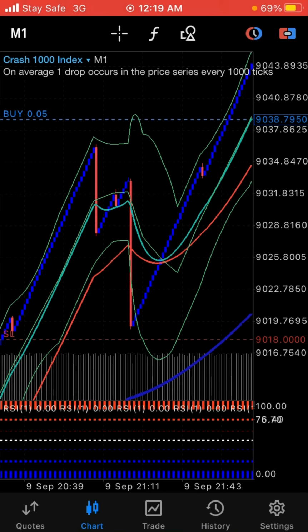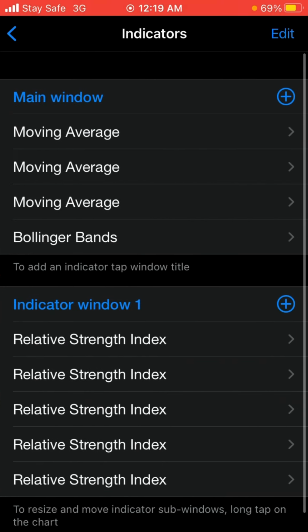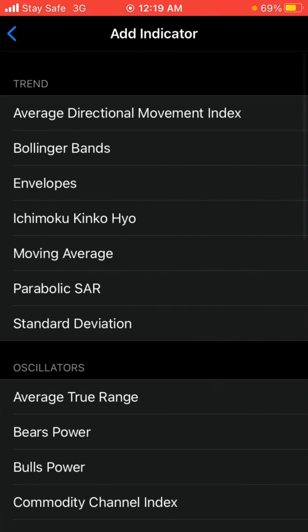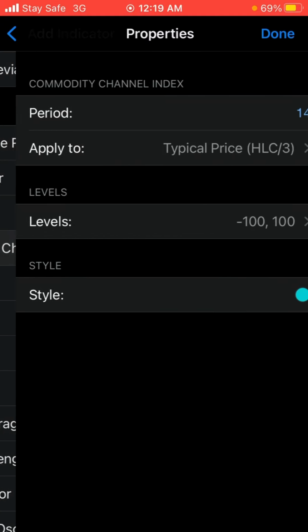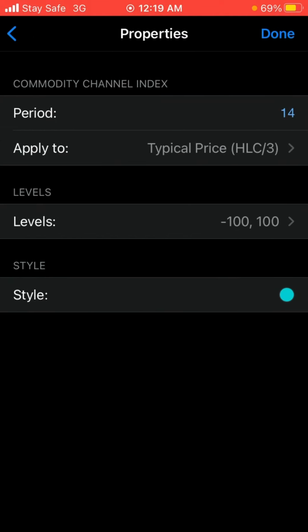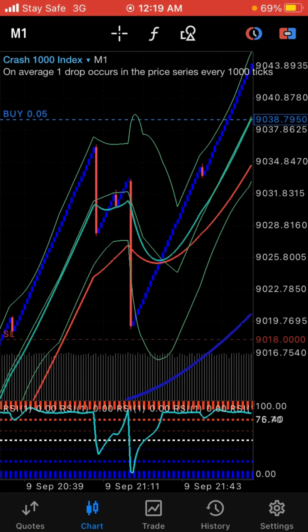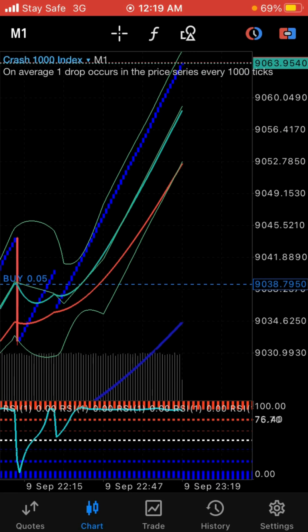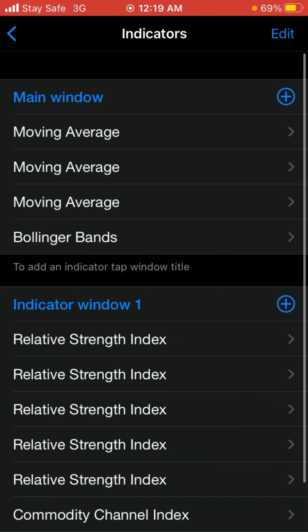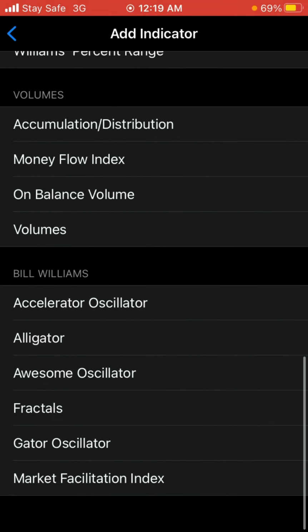So I have to open up more indicators. I have to show you our CCI. You set it at normal, the way it was in the previous video. This is how you see it. Next, you set your Awesome Oscillator.